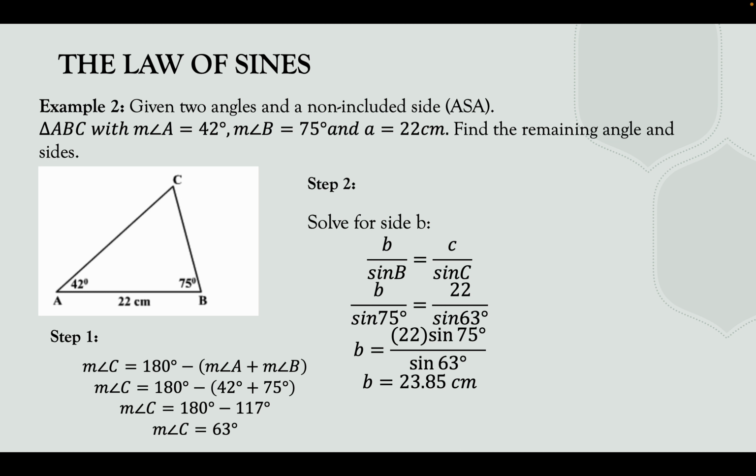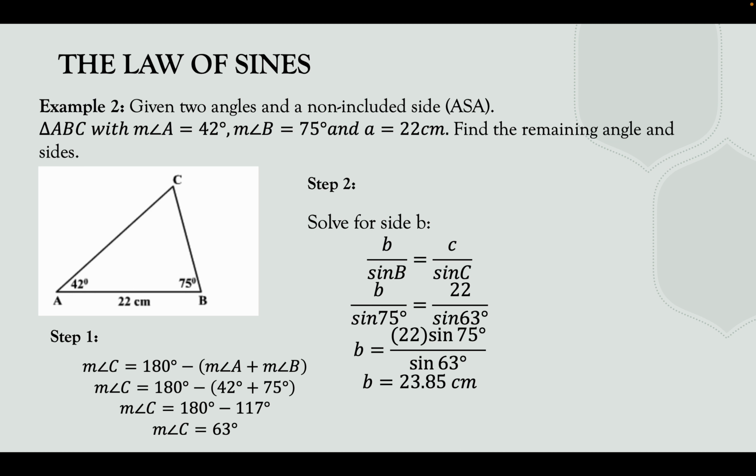Cross multiply and divide both sides by sine 63. So B equals 22 times sine 75 over sine 63. Input that in your scientific calculator. We have the result, B equals 23.85 centimeters.